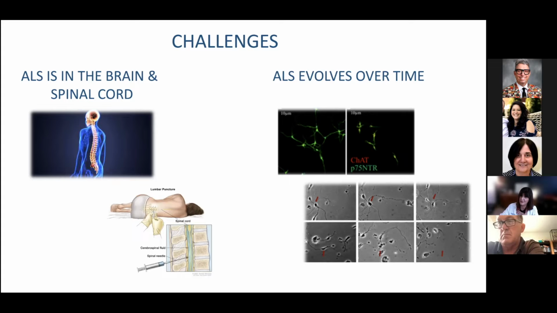We cannot, in ALS or in any neurological or neurodegenerative disease, remove the brain or the spinal cord of a living patient. And even when we do a spinal tap to collect the CSF of the patients, this is really not, as you all know, an easy and pleasant procedure that can be done many, many times over time, so we can understand how the disease progresses and what are, again, the key molecules that make you progress fast or slow or in between.